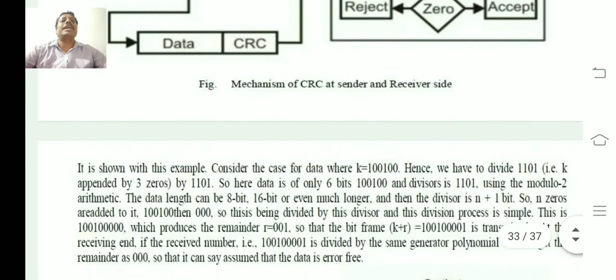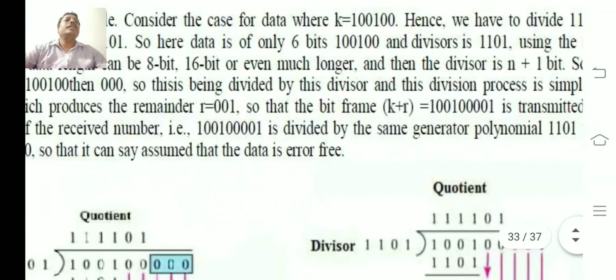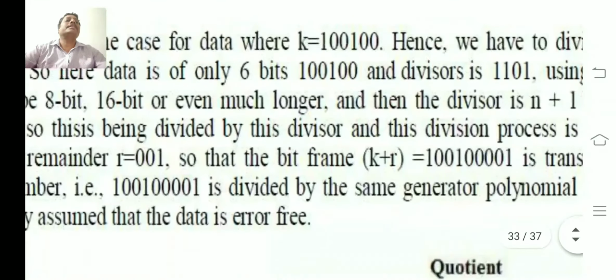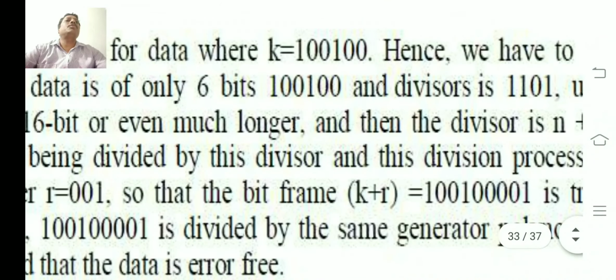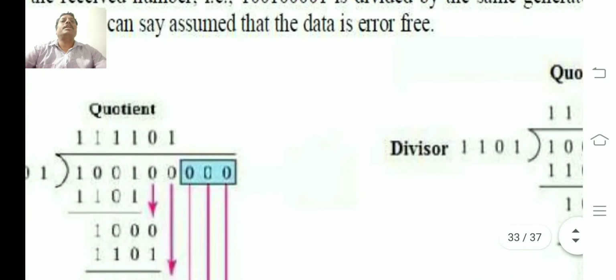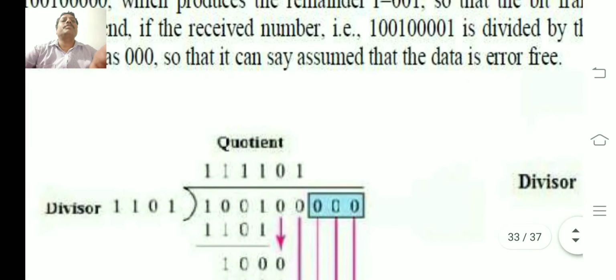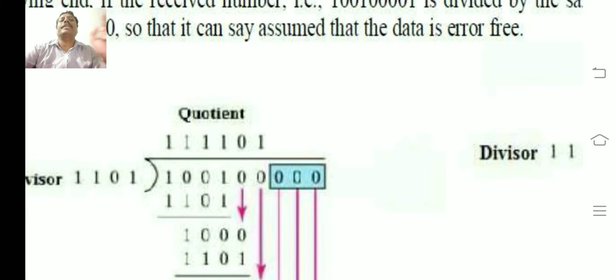Let us see an example here. Here I took example data as 100100. Here we are going to use a 4-bit divisor, so first we append 3 zeros after the data bits.